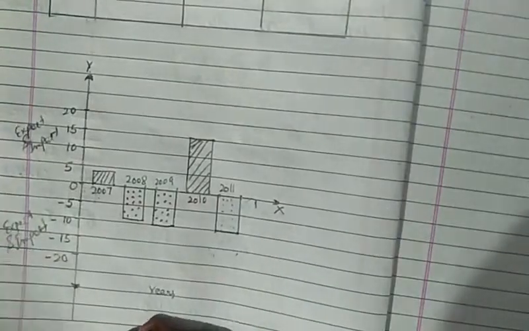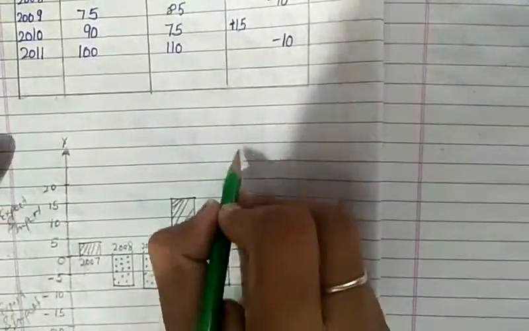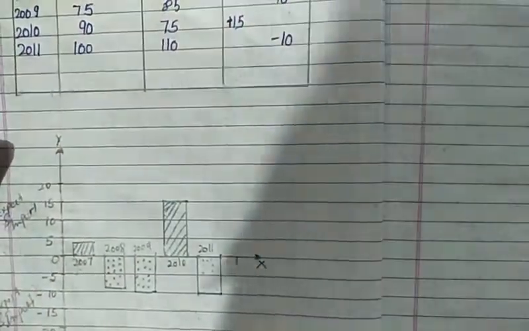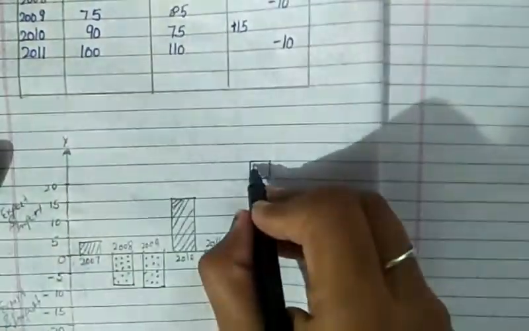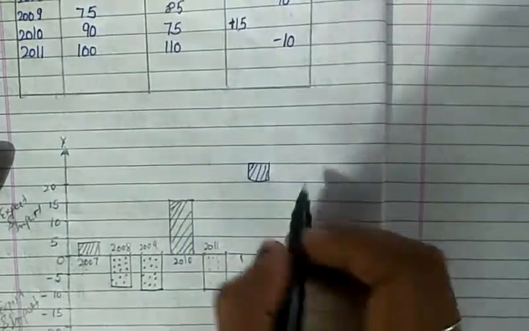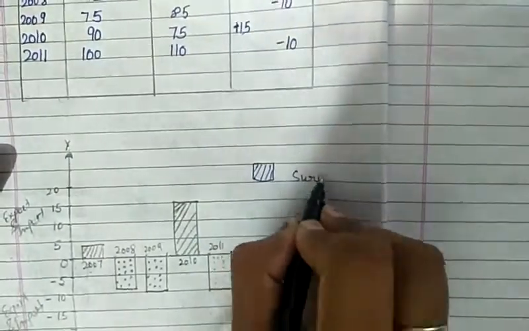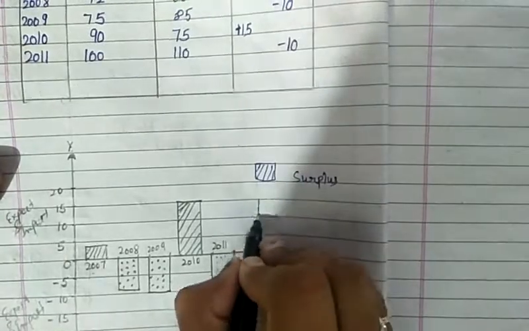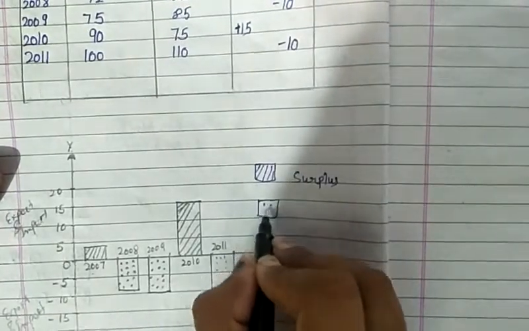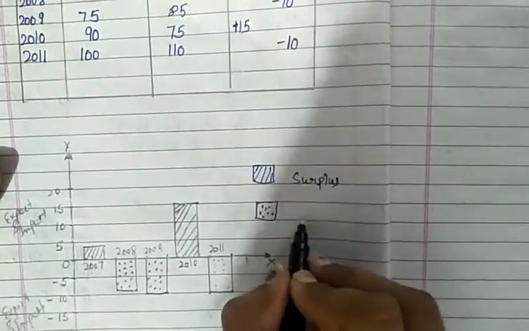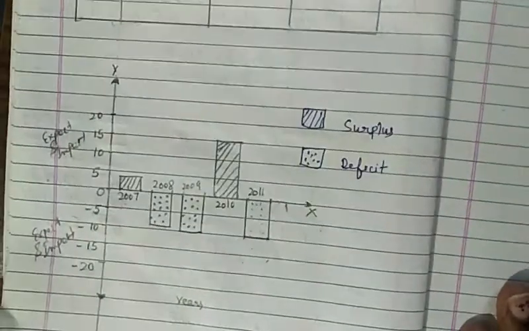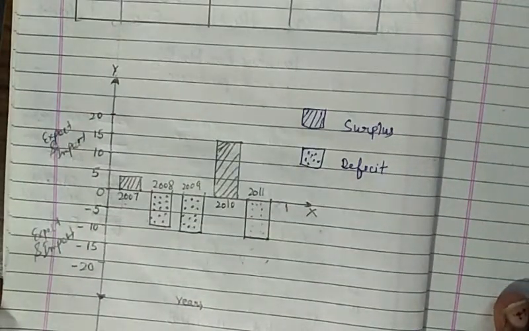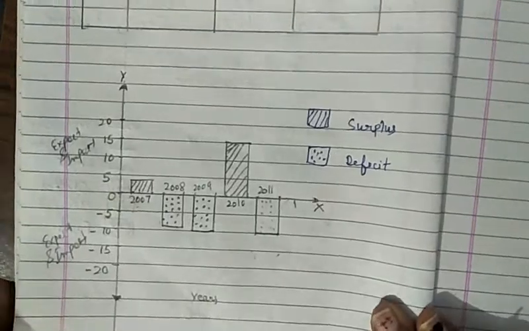Okay, students, clear? Also prepare an index which shows that the lines denote surplus and the dots denote deficit. Clear? That is how to draw the bidirectional or bilateral bar diagram.